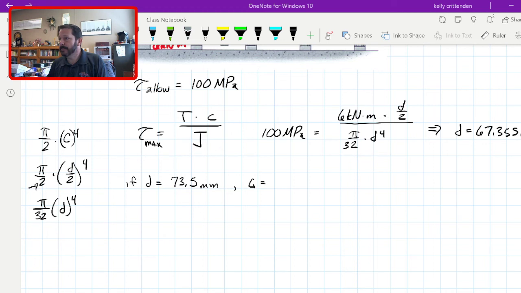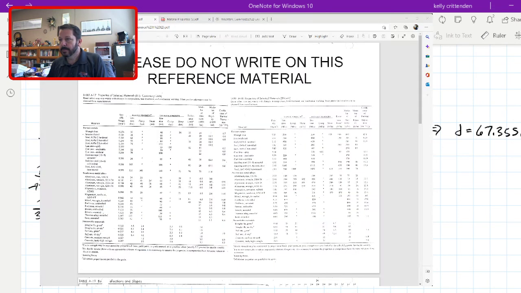Let's see. Rotate. Oh, I rotated too many times. There we go. So instead of these numbers over on this side, I want these numbers over here. I know it's really tiny on your screen. I just don't want to zoom in. Actually, I might need to zoom in to see it on my screen.